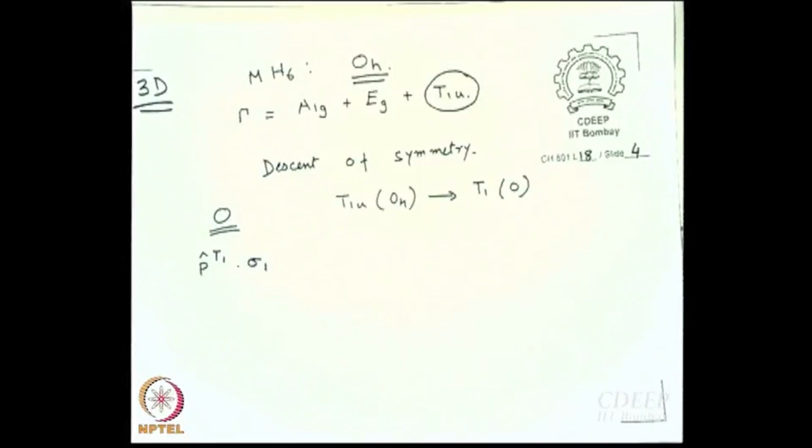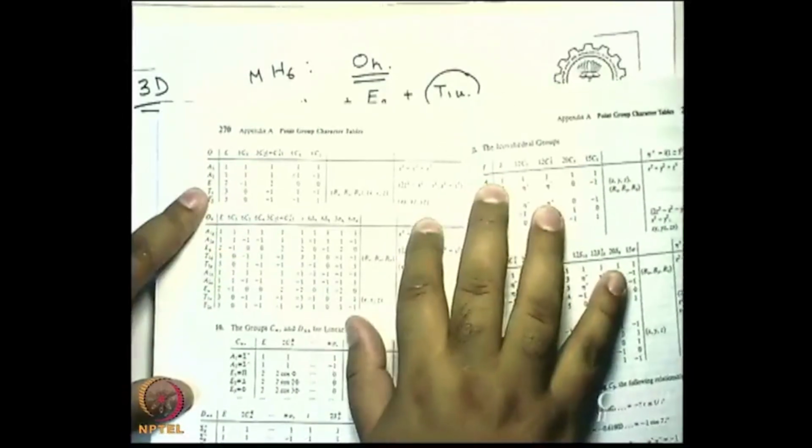Projection operator of T1 to be operated on sigma 1. I hope you have drawn the diagram. This is the point group O.